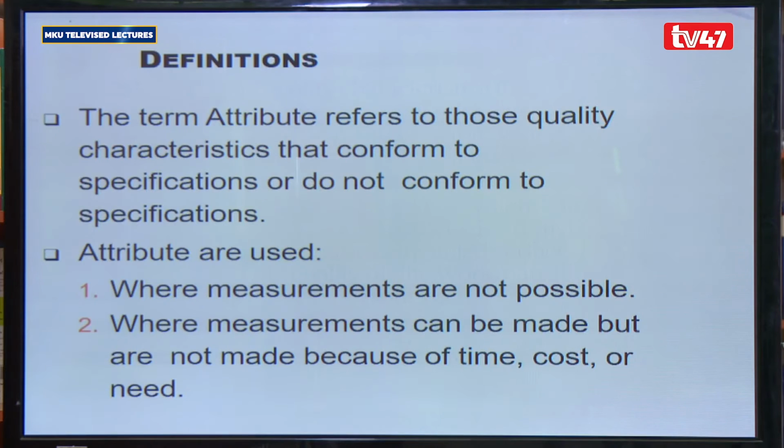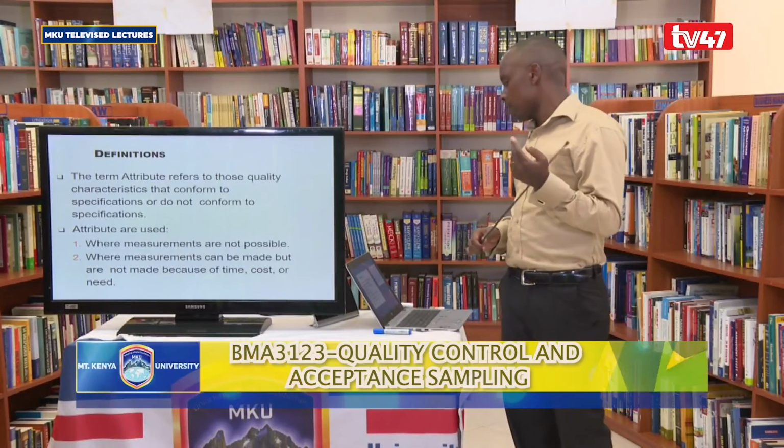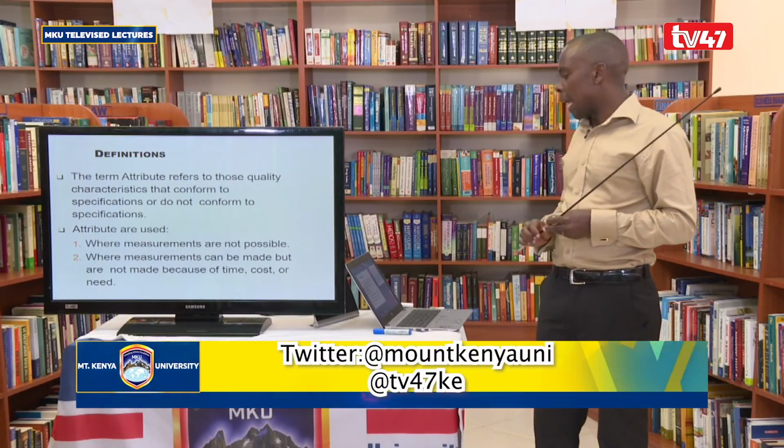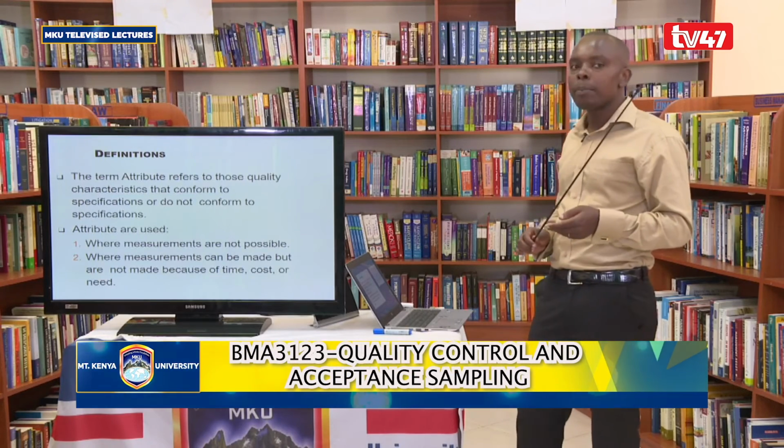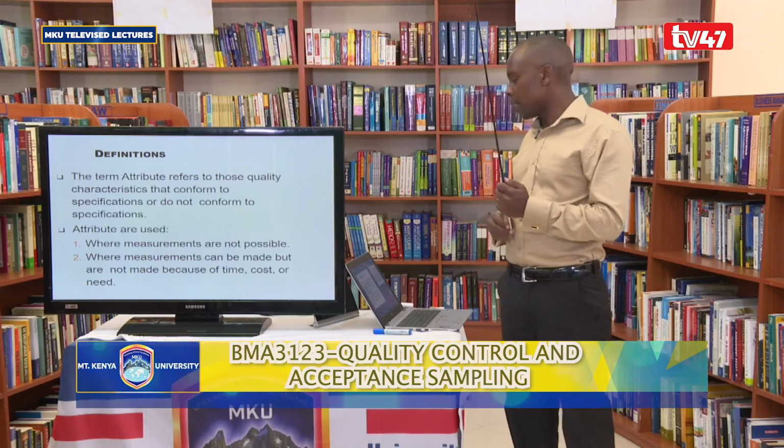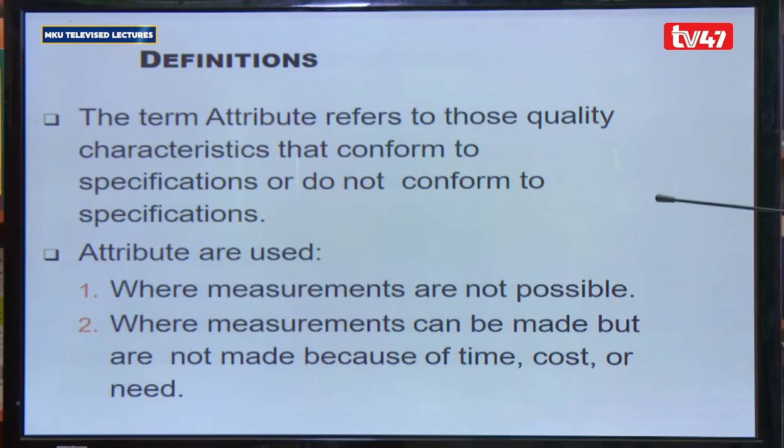So the term attributes refers to those quality characteristics that conform to specifications or do not conform to specifications. So we can have good attributes or bad attributes, and we use them when the measurements are not possible, or where measurements can be made but are not made because of time, cost, or need.